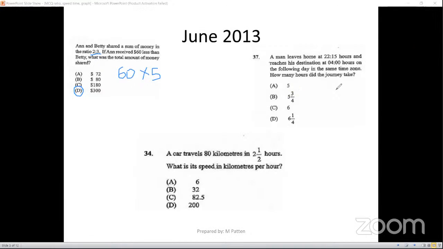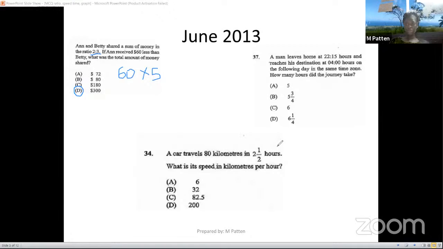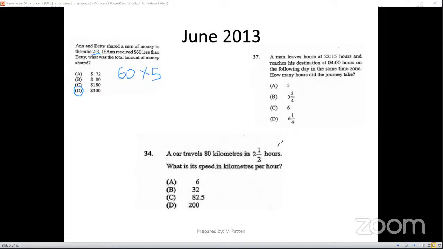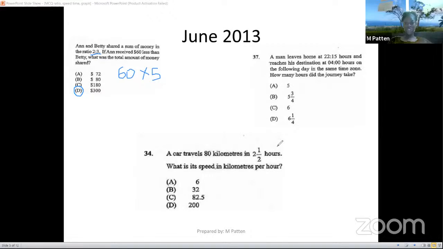A man leaves his home at 2215 hours and reaches his destination at 0400 hours on the following day in the same time zone. How many hours did his journey take?